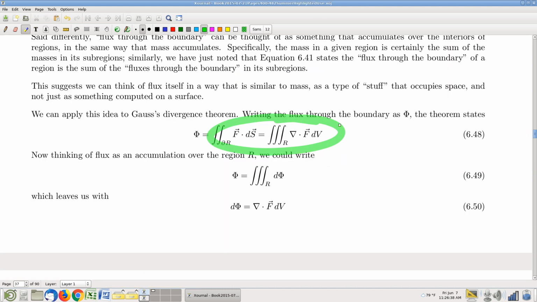And we've got this stuff, right? That's accumulating over the interior.